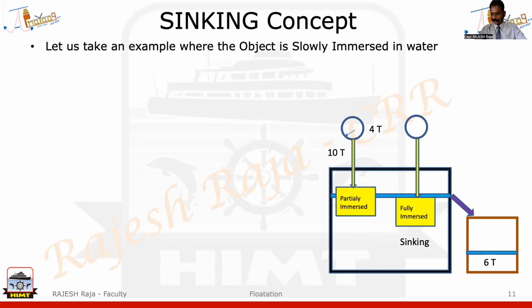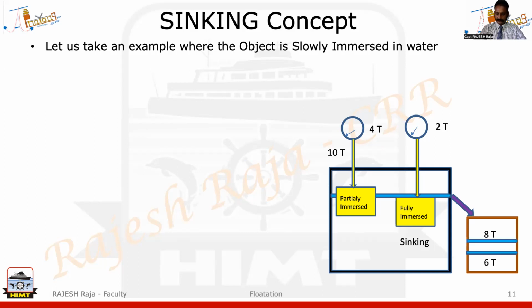So this object has pushed you out. So the water has been pushed. Let us say in this condition, the crane is showing me 2 tons. If the crane shows me 2 tons, it also means that water displaced is only 8 tons.